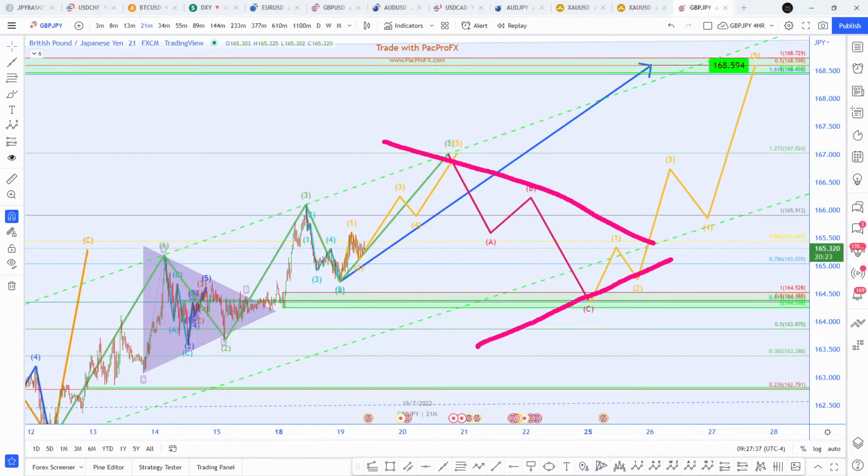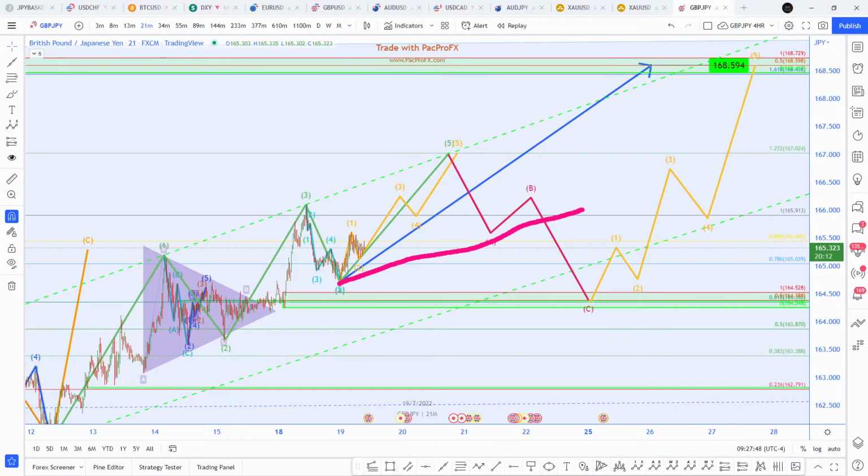Maybe even better, might be getting this one. I'll break out downwards and then break up high.